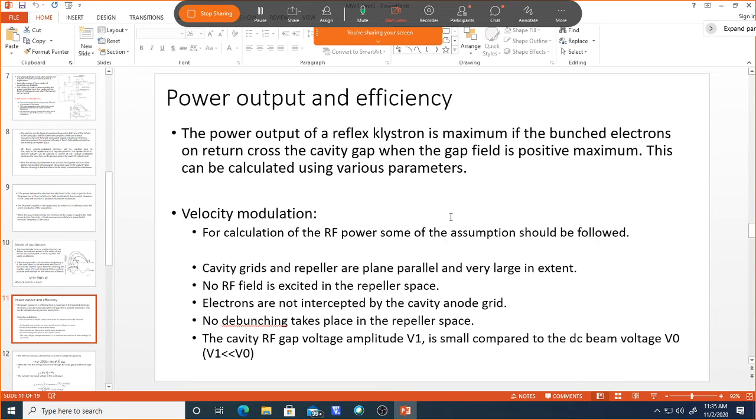This is calculated using various parameters, and for that, some assumptions should be made in the velocity modulation.